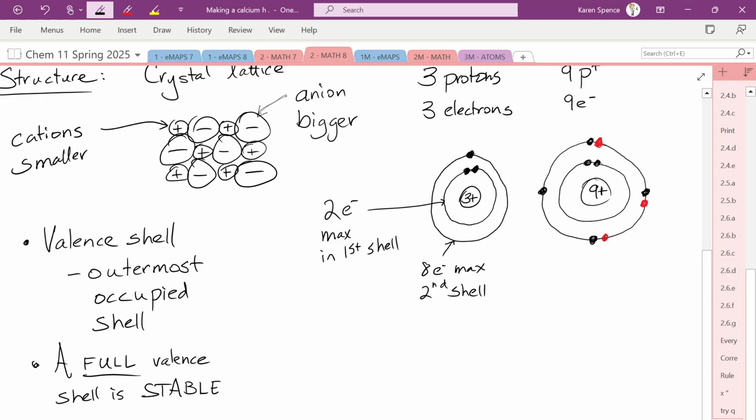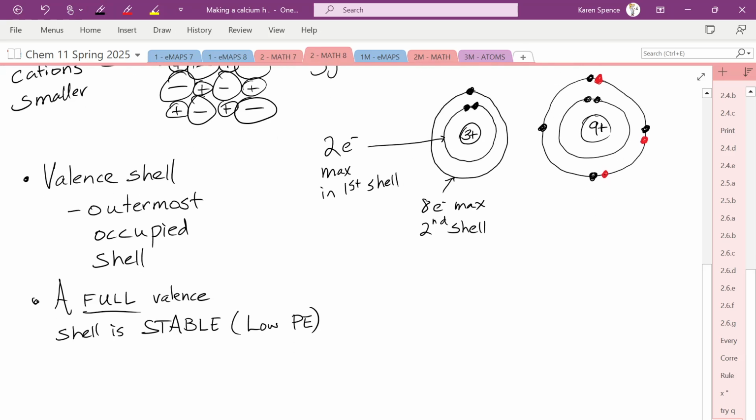Now, another way of saying stable is to say it has a low potential energy. Are you guys okay with PE for potential energy? Is that something you've seen before? No. Okay. Potential energy.